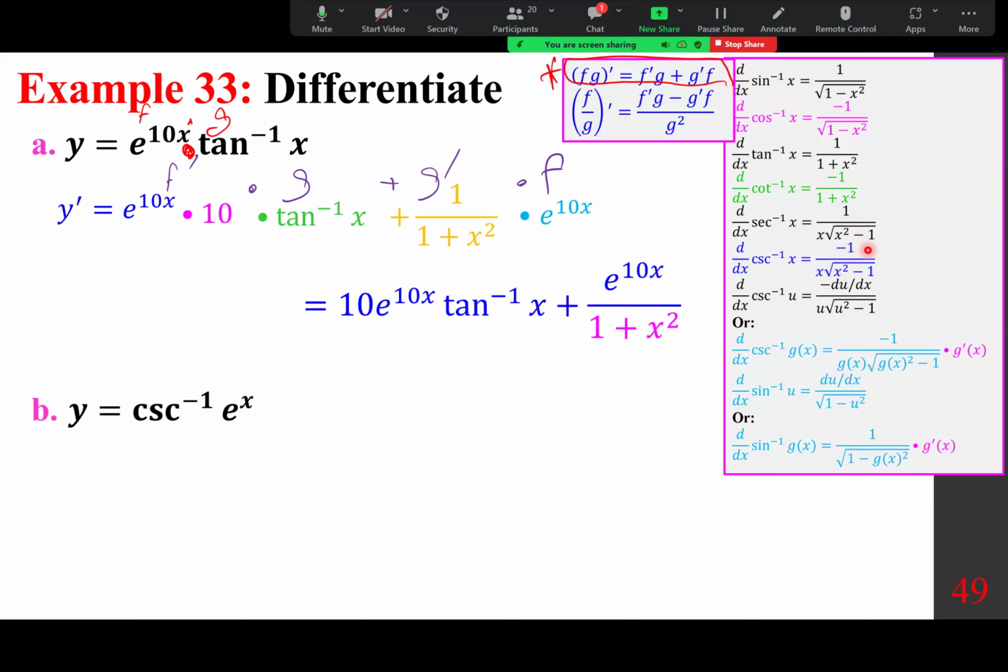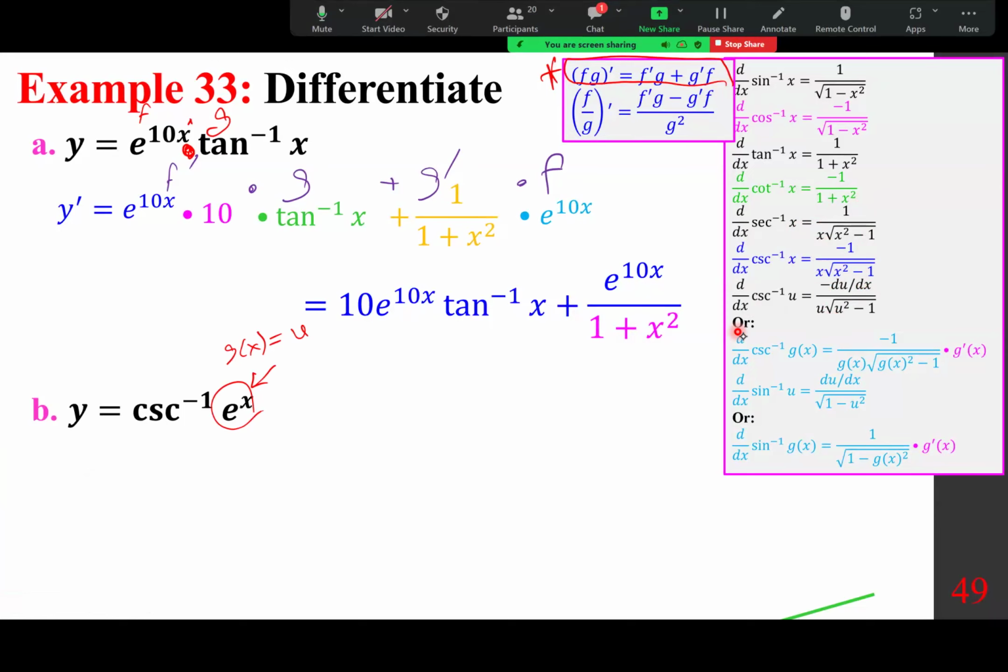Now, 1 is the derivative of x, and we are going to change that. This is your function, let's say g of x or u. So instead of 1, you are going to write du dx, so minus du dx, and instead of x, you are going to write u or g of x.